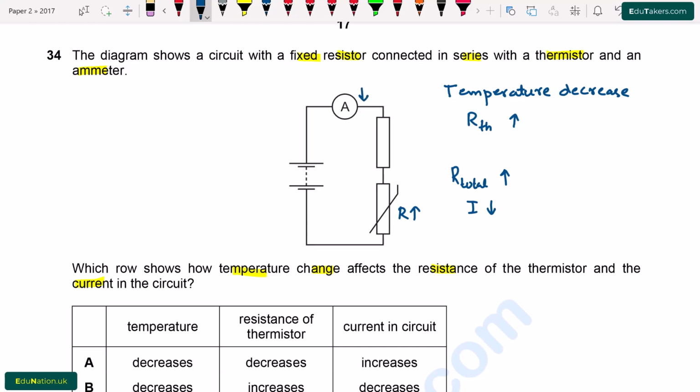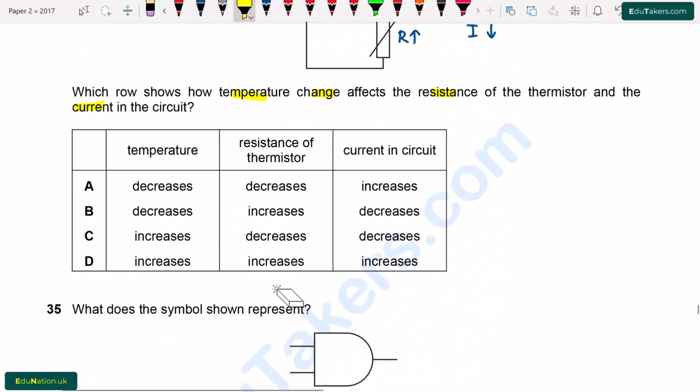Now we see the options: temperature, resistance of the thermistor, current in the circuit. Option A decreases, decreases, increases. B decreases, increases, decreases. When the temperature decreases, the resistance of the thermistor increases. As a result, the current in the circuit decreases. From here, option B is correct.